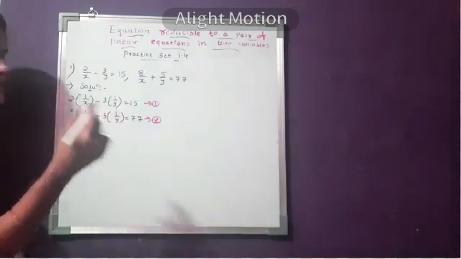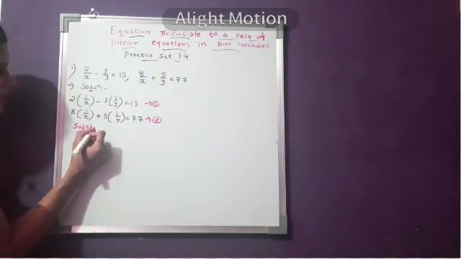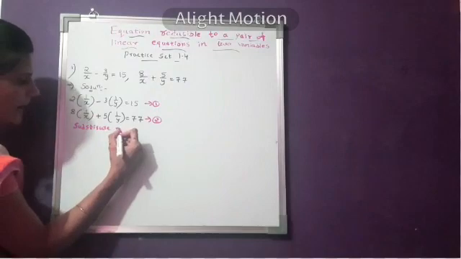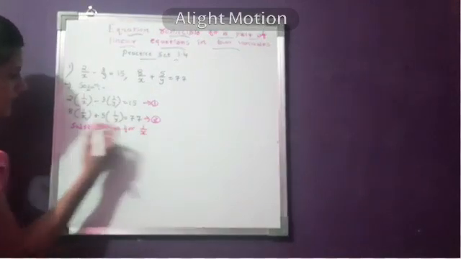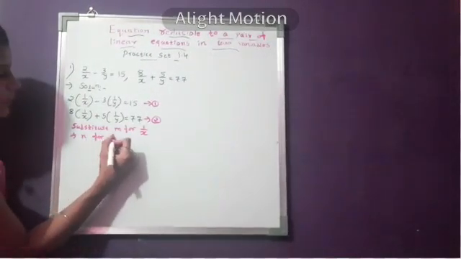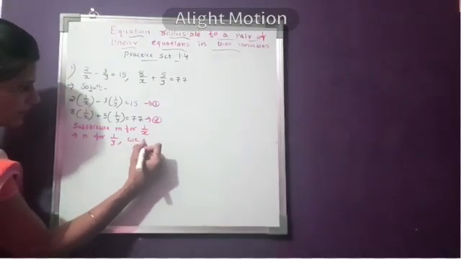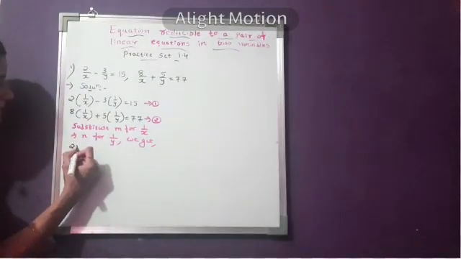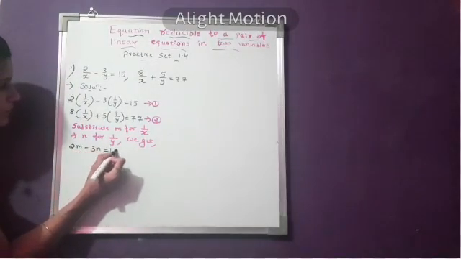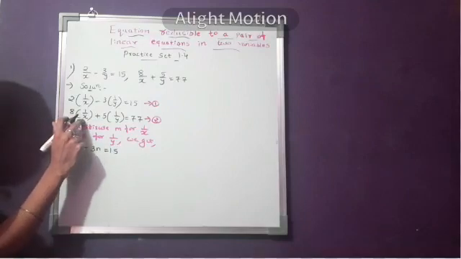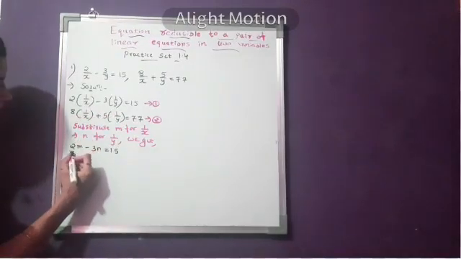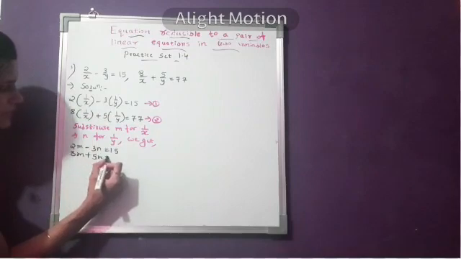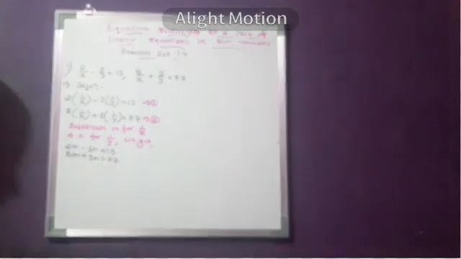Now what you have to do is substitute m for 1 upon x and n for 1 upon y. What will happen to this equation? 2m minus 3n is equal to 15 and this equation becomes 8m plus 5n is equal to 77. Let this be equation number 3 and this be equation number 4.